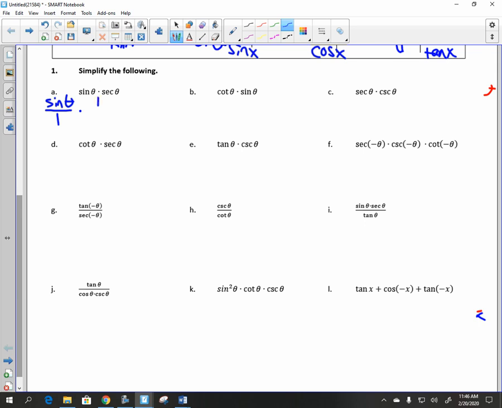So secant is 1 over cosine. As I multiply those, I get sine of theta over cosine of theta. Hey, sine over cosine is something special. It's tangent. And so sine times secant comes out to be tangent of theta, and that is your simplified expression.